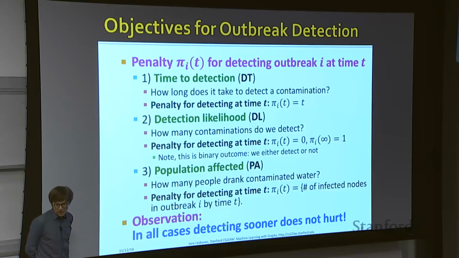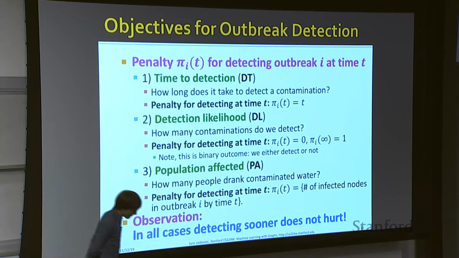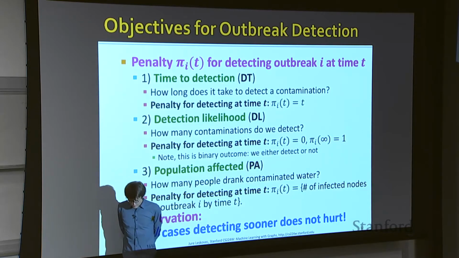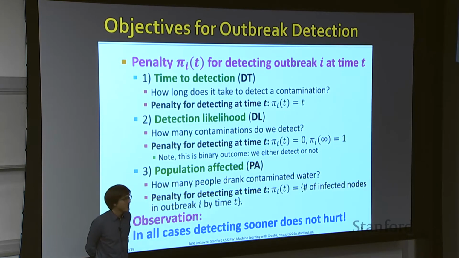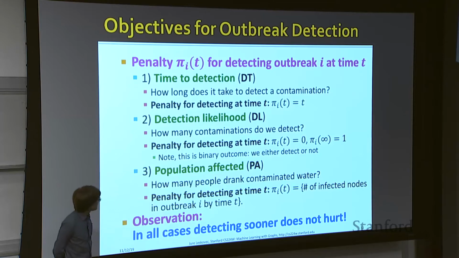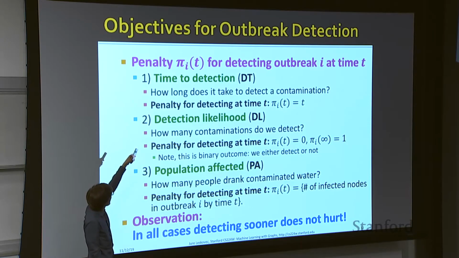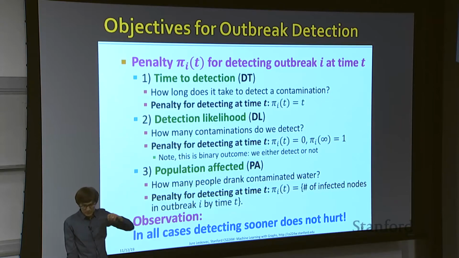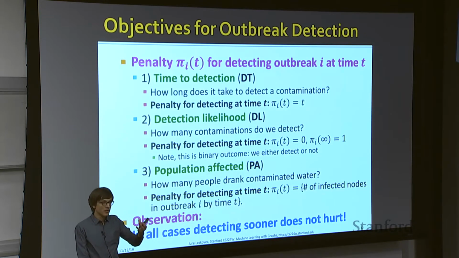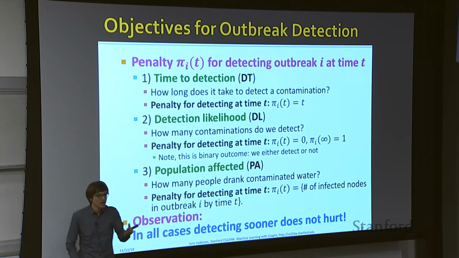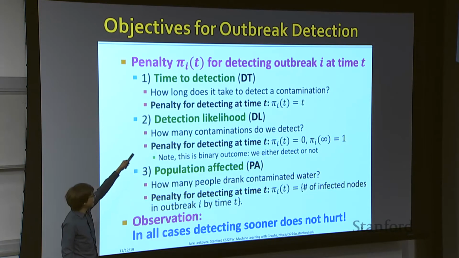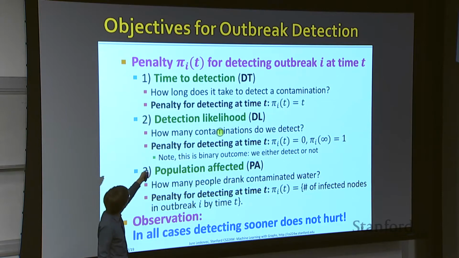So let's now formalize them. We will formalize them as penalties, where we will basically only consider one outbreak at a time, because if we can solve for one outbreak, we can then solve for the sum of them. So P sub i of t means, I have a pointer, right?